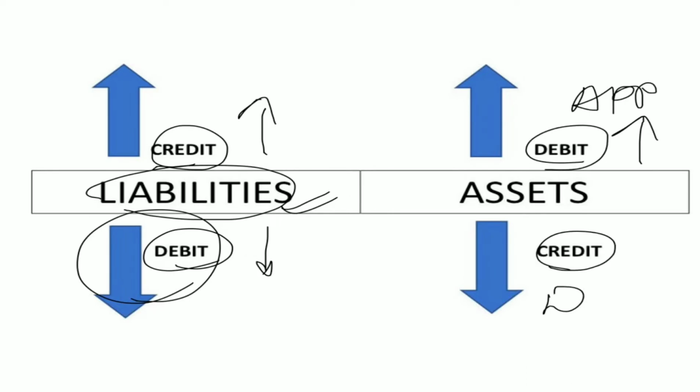When an asset depreciates, you will credit the value. This simple rule will help us to pass the journal entry.